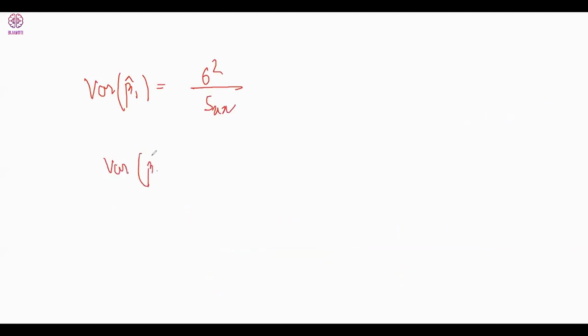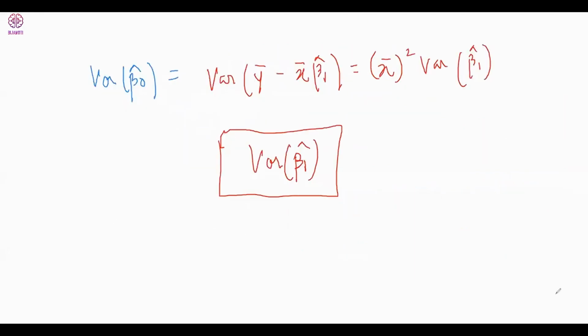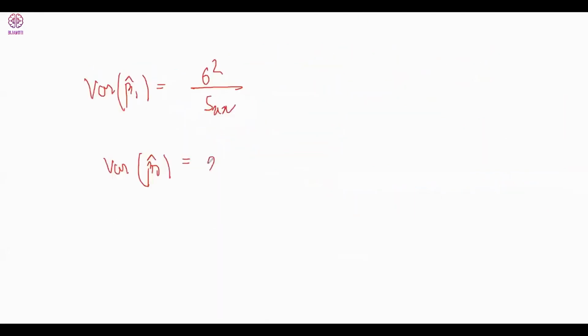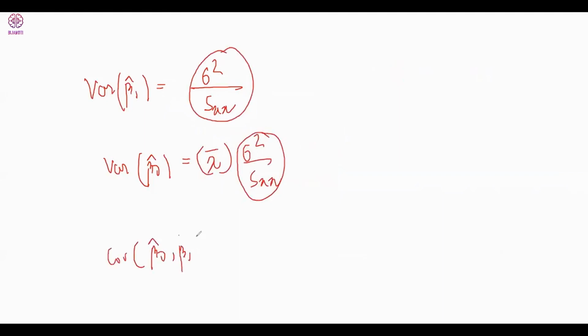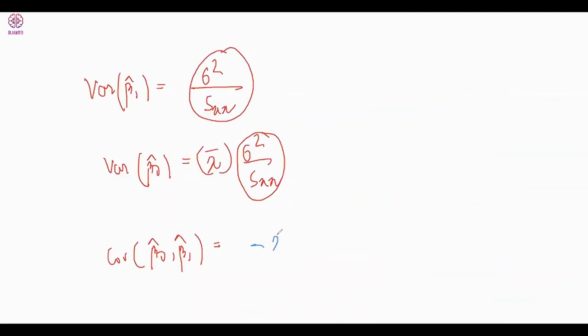The variance of beta naught hat, as we proved, is x bar square times the variance of beta 1 hat, so x bar square times sigma square by sxx. And the covariance of beta naught hat and beta 1 hat is minus x bar times the variance of beta 1 hat, that is minus x bar times sigma square by sxx. Those are all three results together.